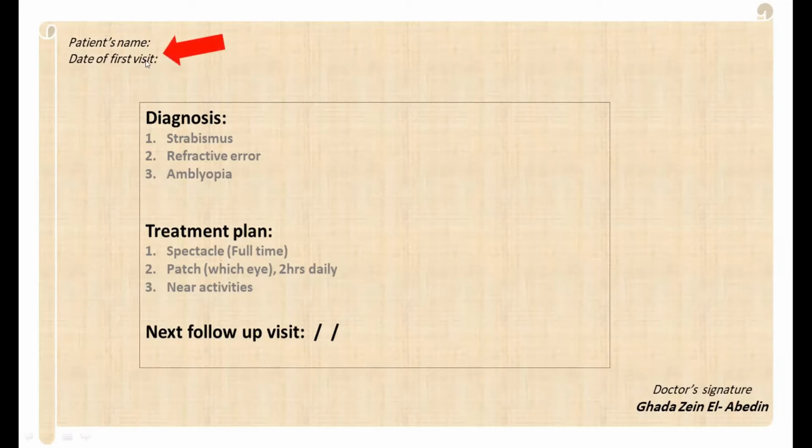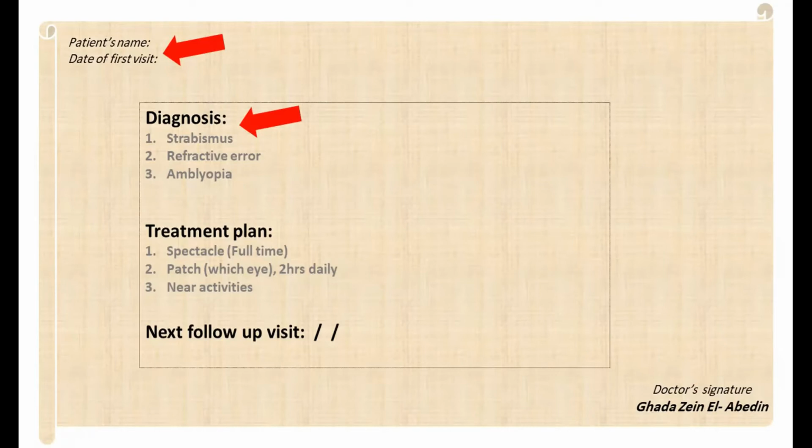First, the patient's name, of course, and the date of the first visit are really important. Then the diagnosis. In a pediatric clinic, we are usually confronted with multiple diagnoses, which is very common in medicine. Because I run a strabismus clinic, most of the amblyopia I see is a mix of strabismus and refractive error. That's why I wrote here strabismus, and you have to clarify the type of strabismus, the refractive error, and the type of amblyopia.